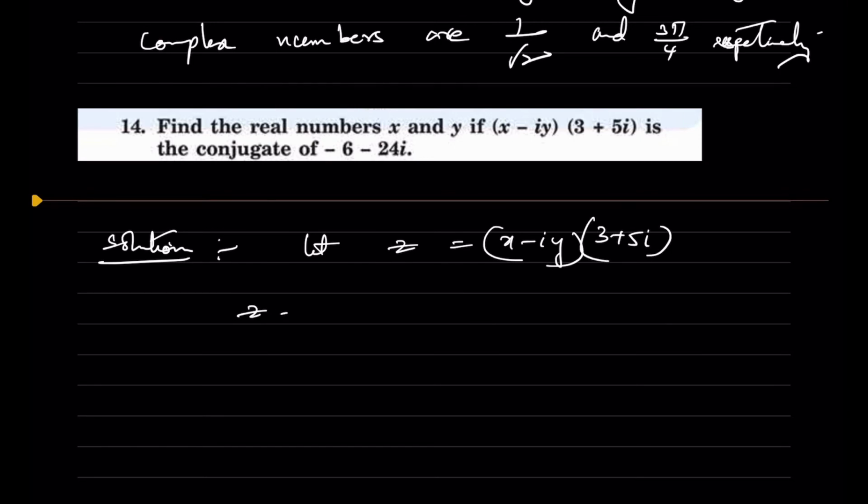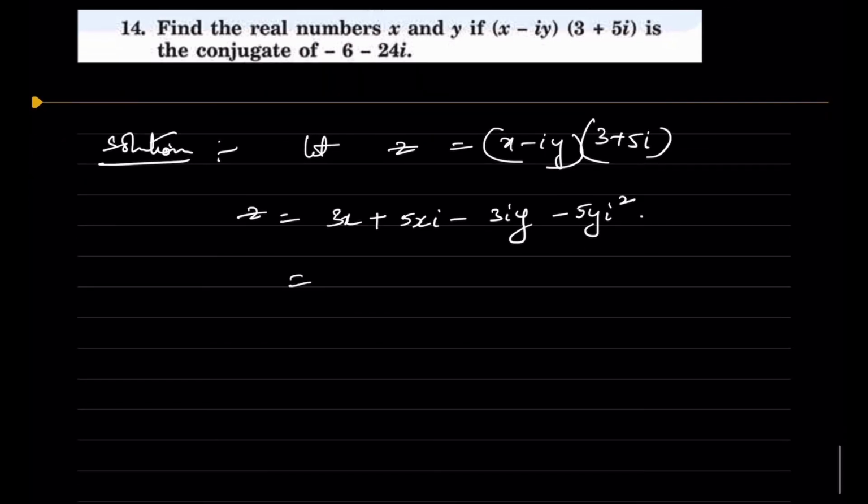So z is equal to 3x plus 5xi minus 3iy minus 5y i square.